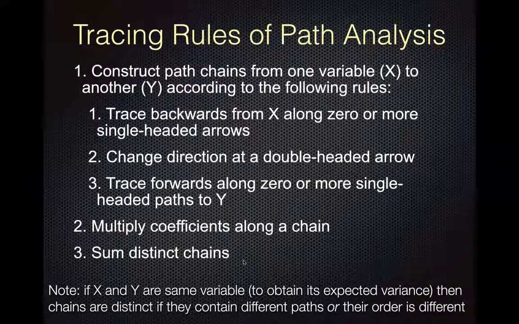And one is through a set of tracing rules with which you can calculate any particular variance of an observed variable or covariances between different variables. And simply by following these rules, one can derive those expectations by hand.